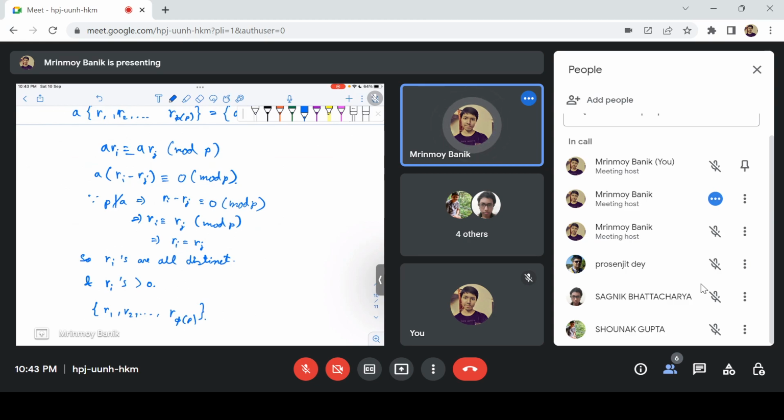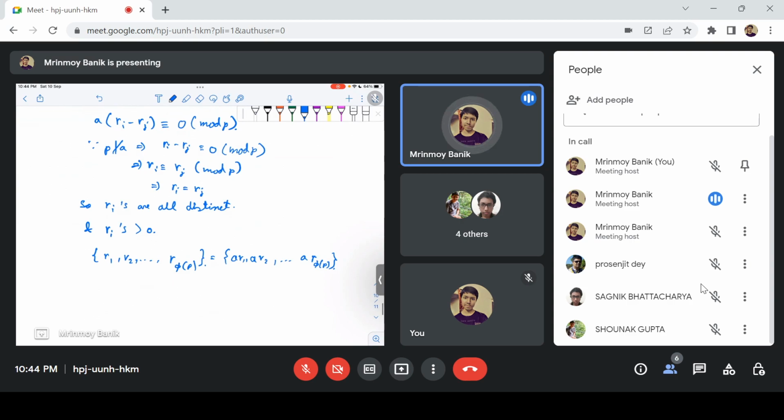So that is the set AR1 up till AR5P. Now, whenever I am saying that these two sets are equal, that doesn't mean R1 is equal to AR1 and R2 is equal to AR2.